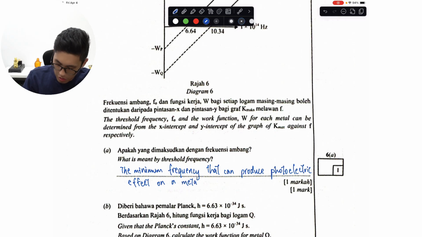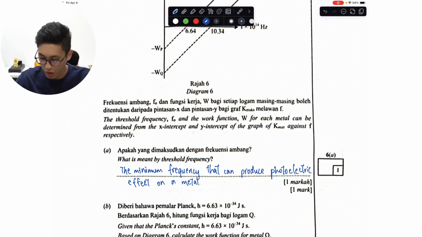Of course, you can also say it is the minimum frequency required for a metal to emit electrons. Yeah, that is also true. So that's the meaning of threshold frequency.